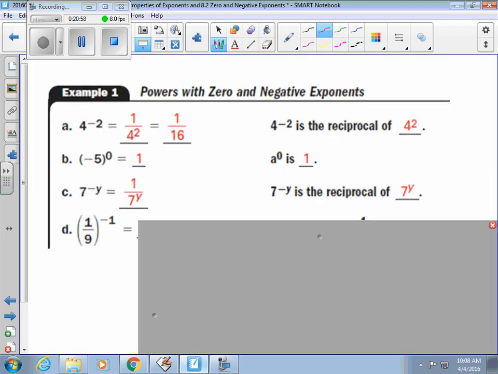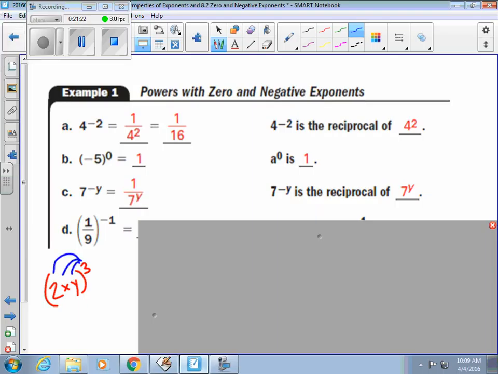B says 1 over 9, to the negative 1. Now, just a few minutes ago when we did powers to powers and the properties that went with it, we said that if you had more than one thing in parentheses, like 2x, y to the third, we said to give all of them the exponent that's outside.